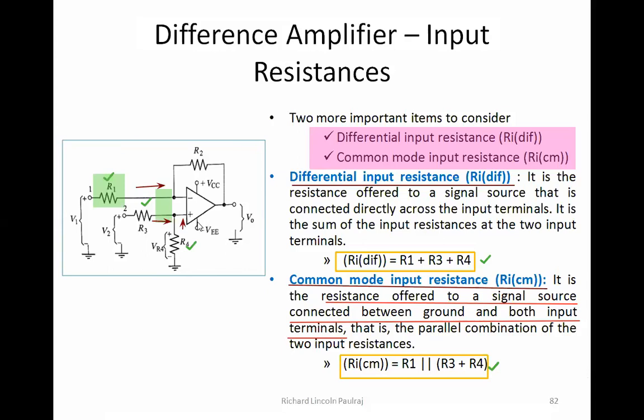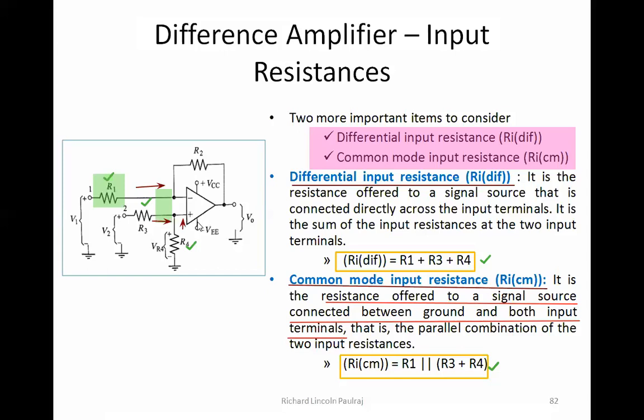So make note of this. Two important formulas: differential input, common mode input. Differential is when I'm considering both of my terminals, but I'm not taking ground into consideration. My concentration is only on the resistances: what resistances are connected, how much resistance is offered.